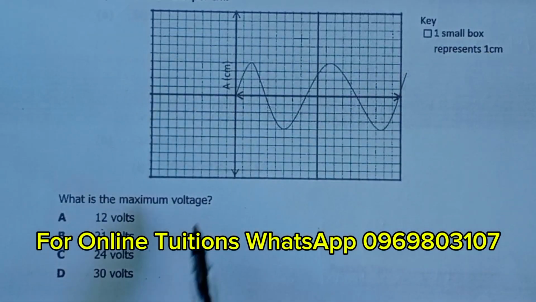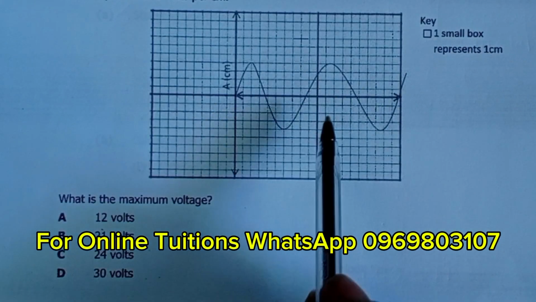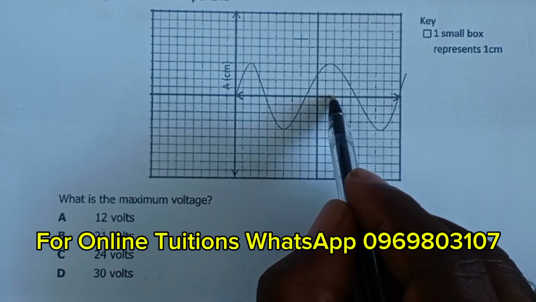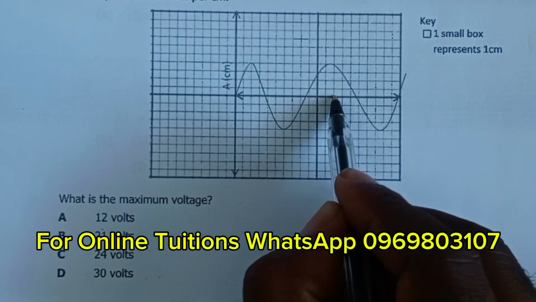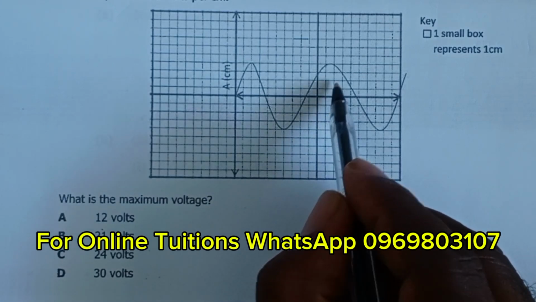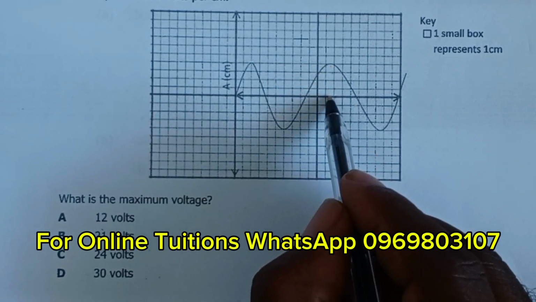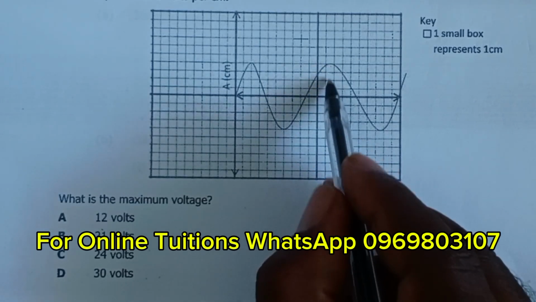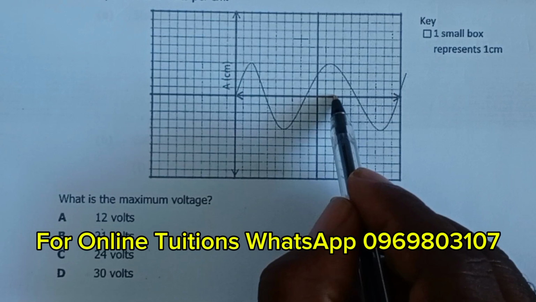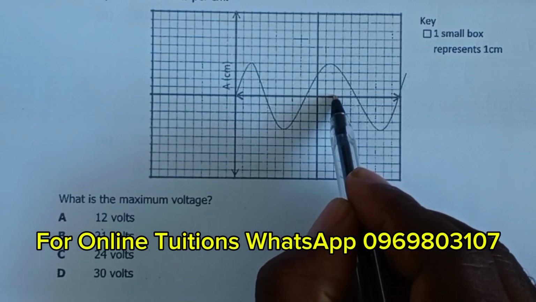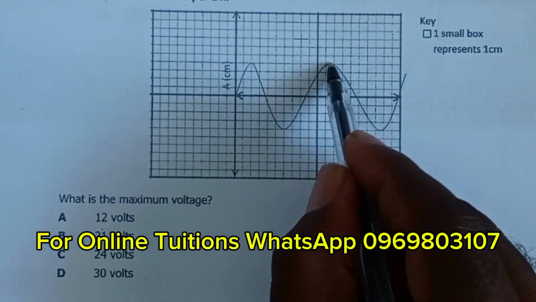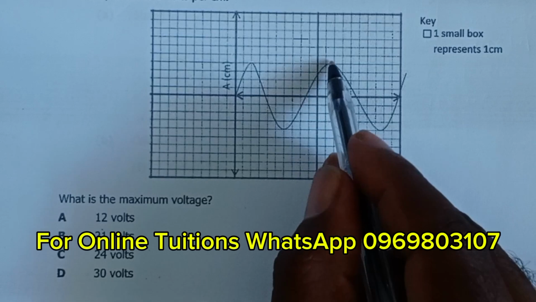So the maximum voltage we get from here, we have how many boxes? From the rest line to the maximum point we have 1, 2, 3, 4 boxes.